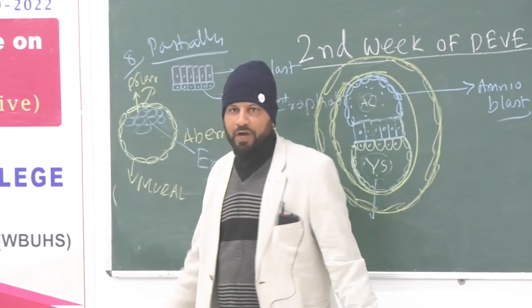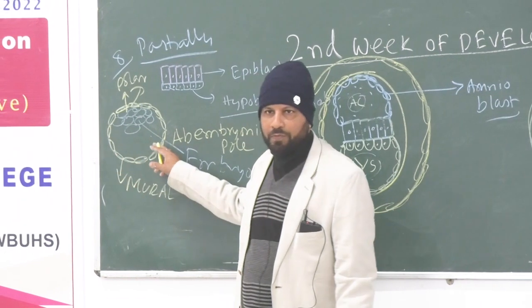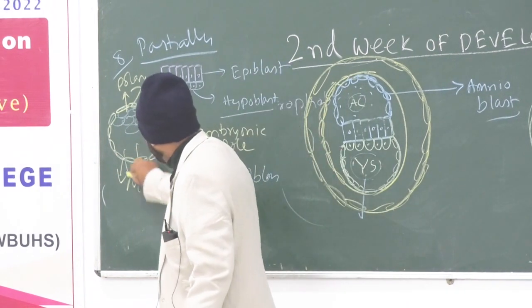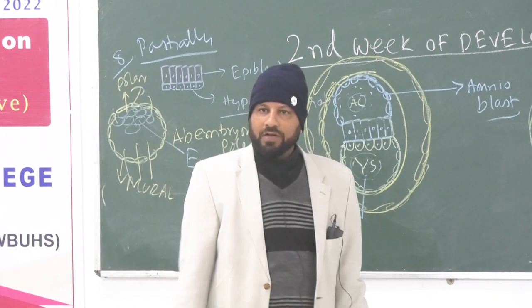Just opposite the polar trophoblast, mural. This is mural trophoblast. Actually, this is abembryonic pole. This pole is abembryonic, and this pole is embryonic pole.